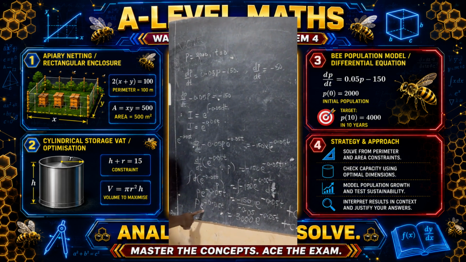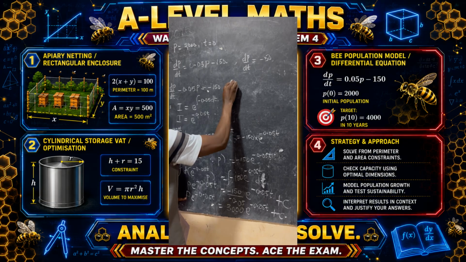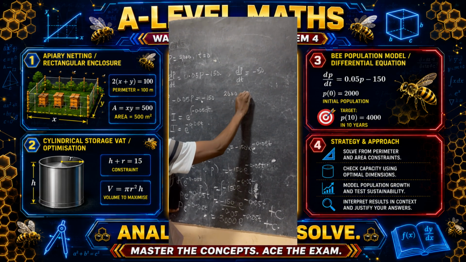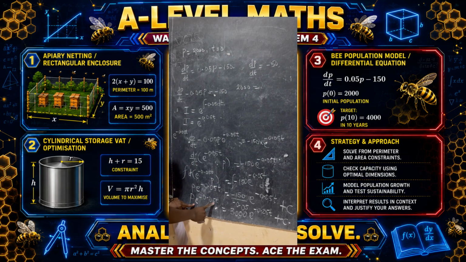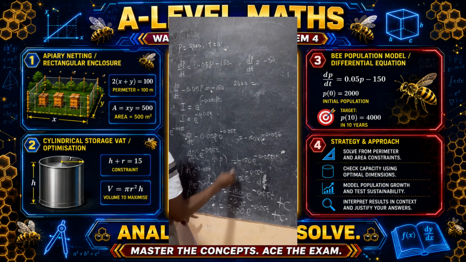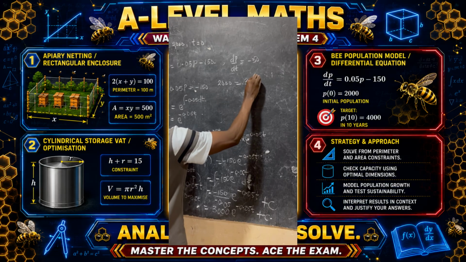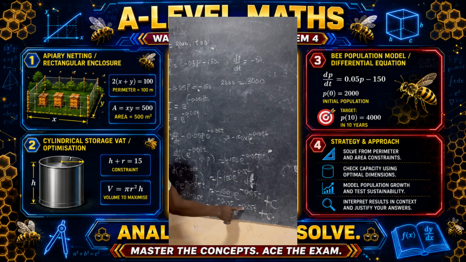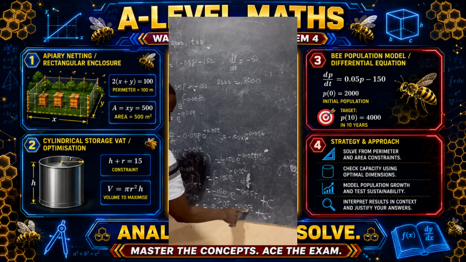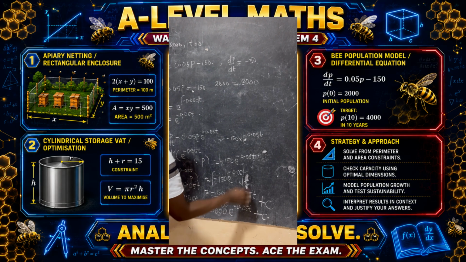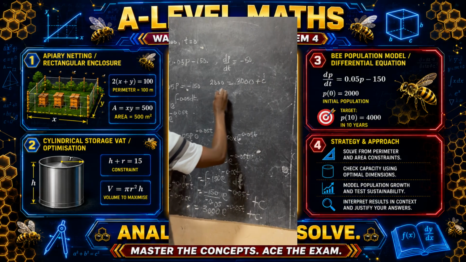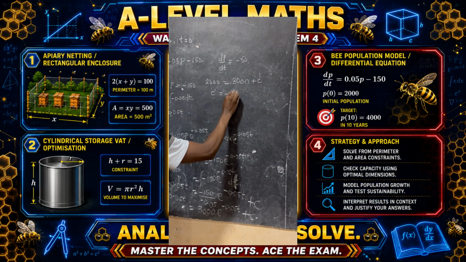Exponential of 0 is 1. We are saying p is 2000. So 2000 times exponential 0, which is 1, is equal to 3000 exponential, this times 0, which is 0. Exponential 0 is 1, plus c. This implies that c is negative 1000.